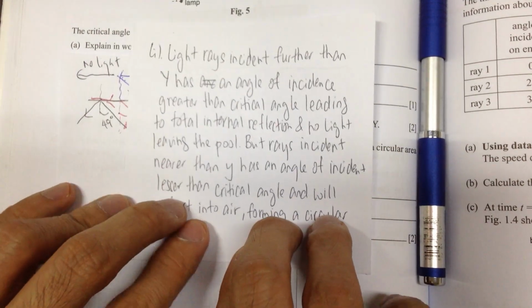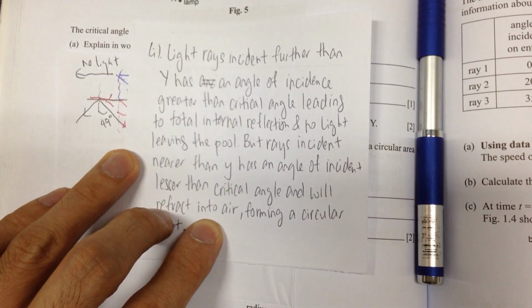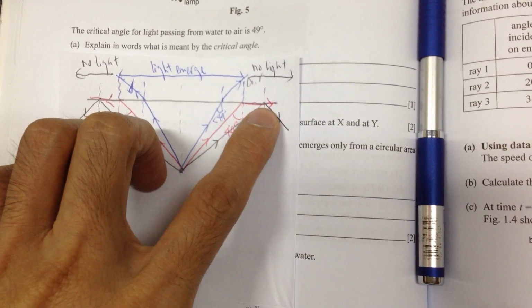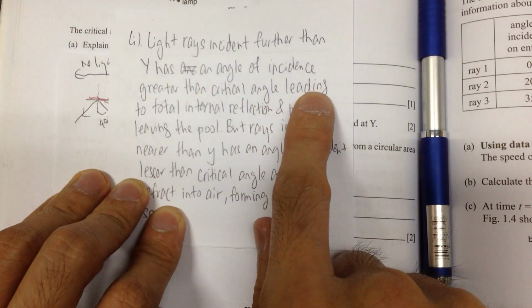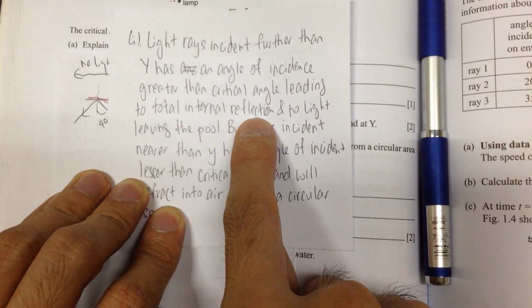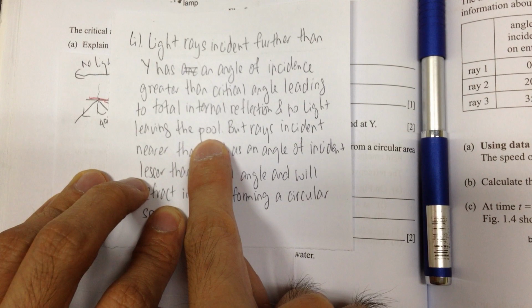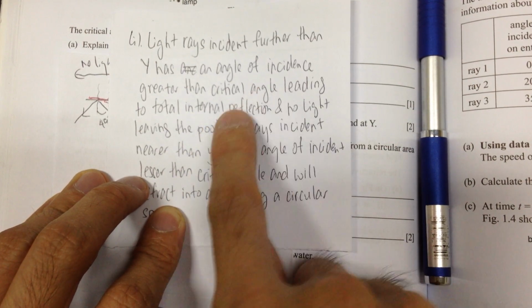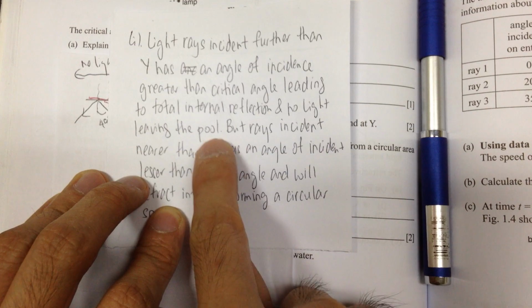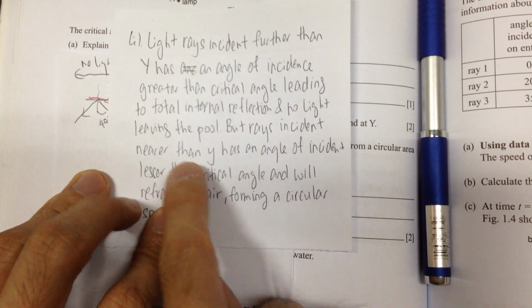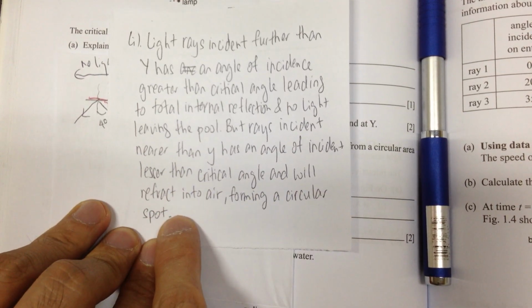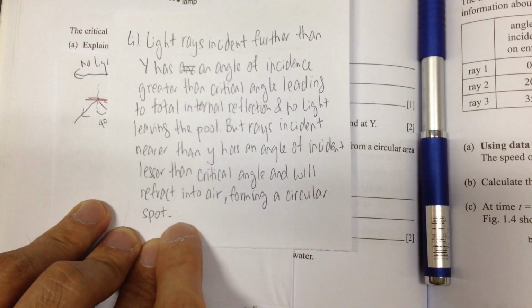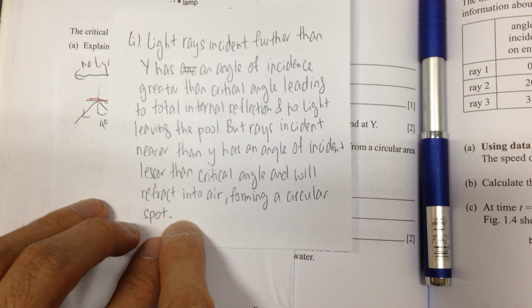Light rays incident further than Y, which is this point, have an angle of incidence greater than the critical angle, leading to total internal reflection and no light leaving the pool. But rays incident nearer than Y have an angle of incidence lesser than the critical angle and will refract into air, forming a circular spot.